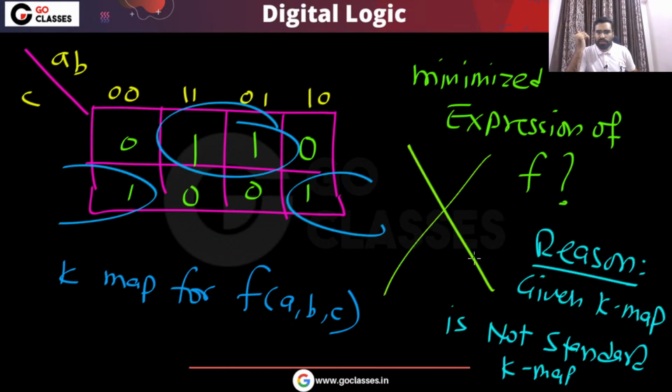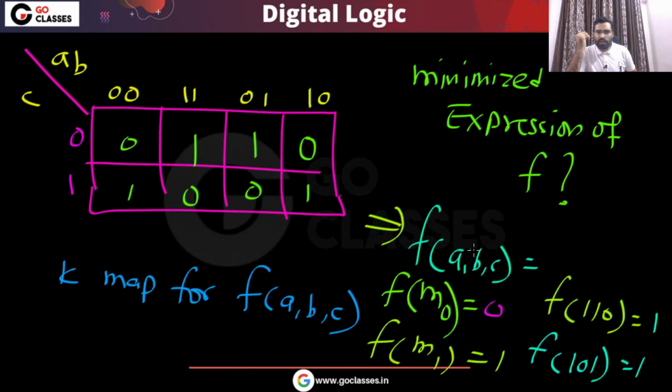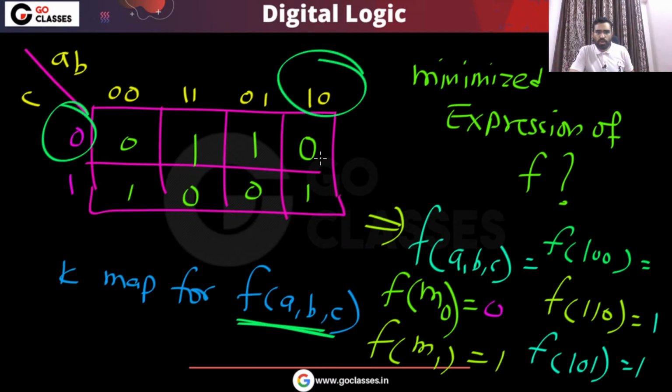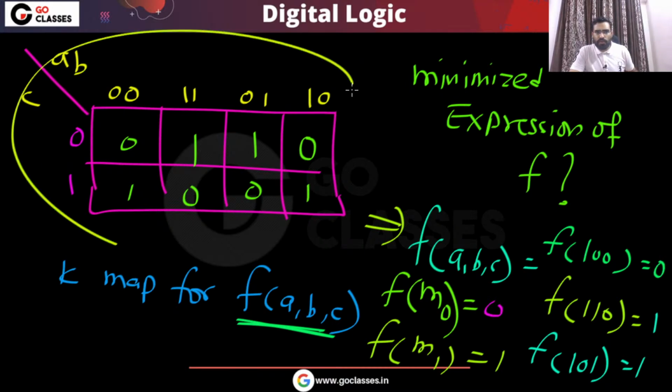For example, if I ask you the value of this function for 4, means for 100, what is the value? Very simple, 100, and the function is f(a, b, c). For 100, ab is 10, c is 0, so you can notice your function value is 0. This information you can find from this k-map.